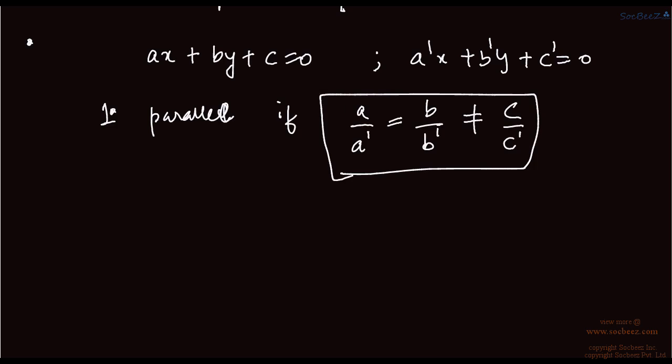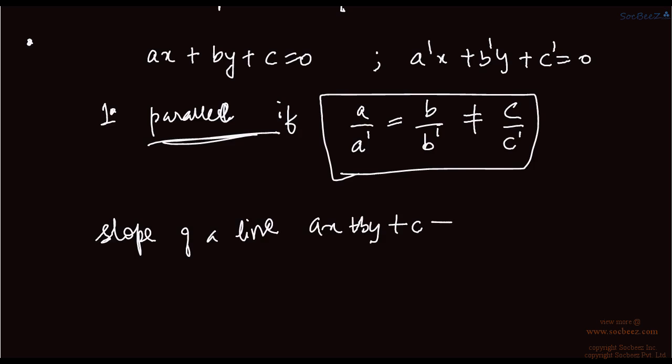If they satisfy this condition, then they are going to be parallel, because the slope of the line ax plus by plus c is given by minus b by a. So if this ratio is equal, then minus b dash by a dash will be equal to minus b by a, and hence these two lines will be parallel.